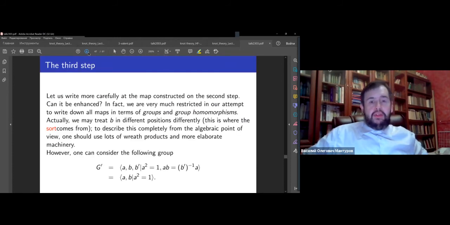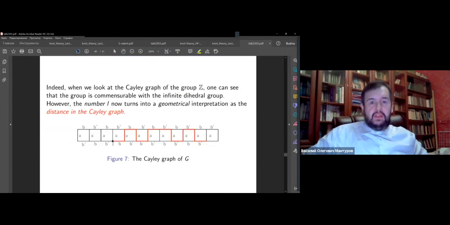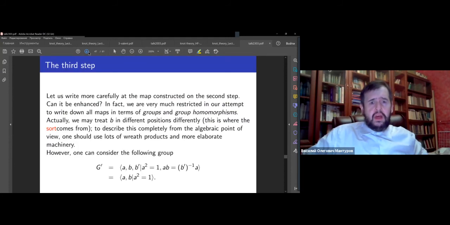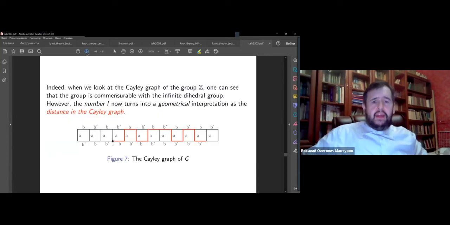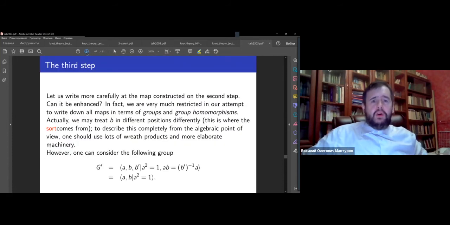The third step is, as you see, that for the Reidemeister 2 move, B can occur in that. But for Reidemeister 1, I can't get B. And so the question is, can I get rid of the relation B squared equals 1? Actually, I can. And so that's what I'm going to do.